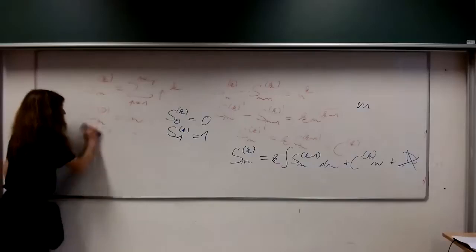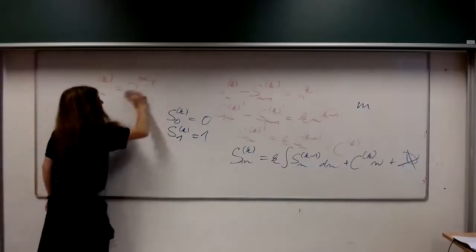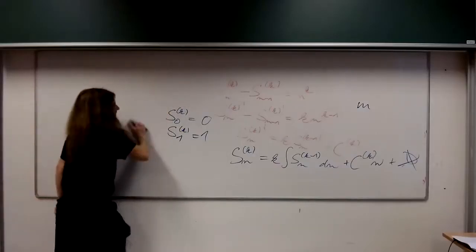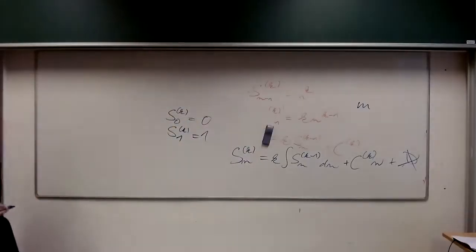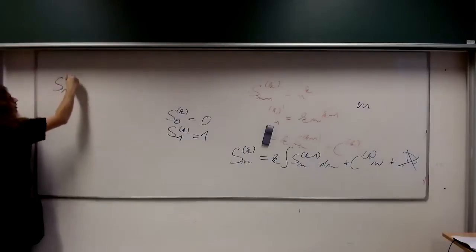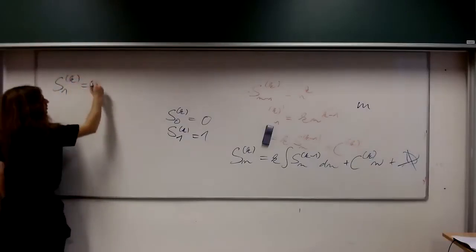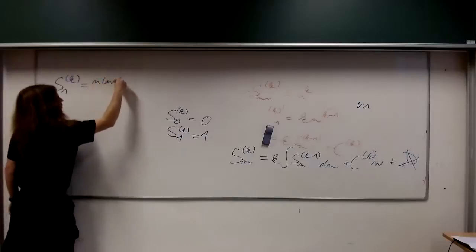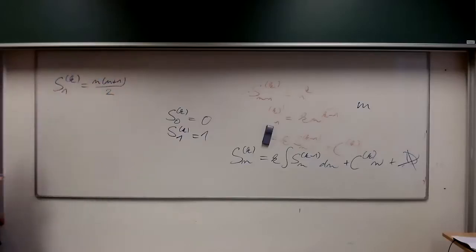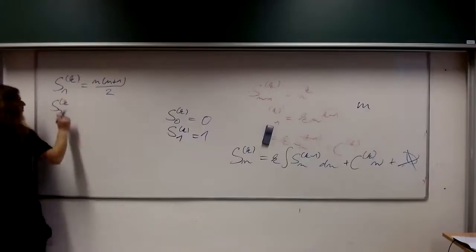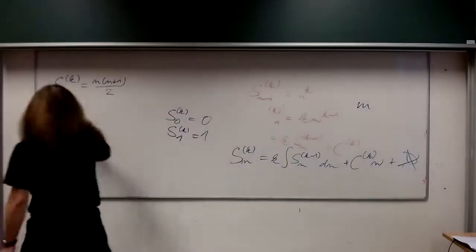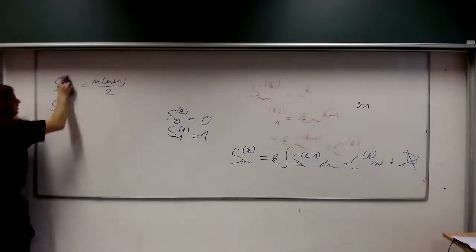And now we can try it out. For instance, we had that S1 equals n plus 1 over 2. So let's see what's S2. Oh, I'm sorry, I just messed up these indices.